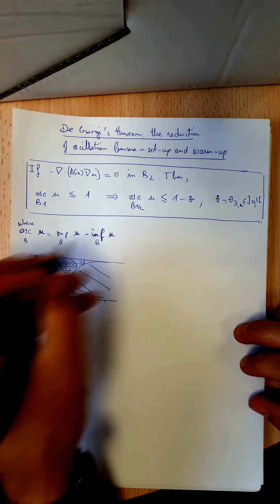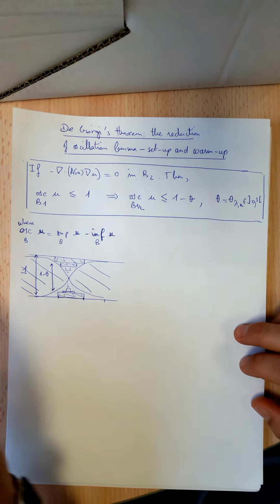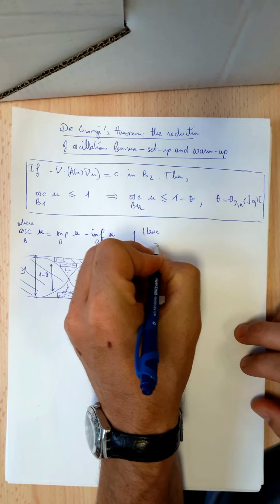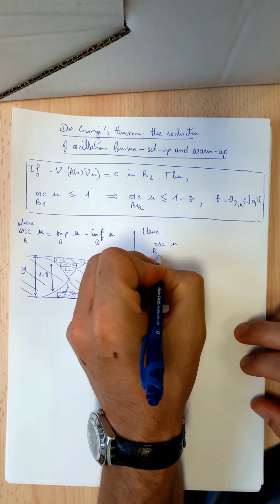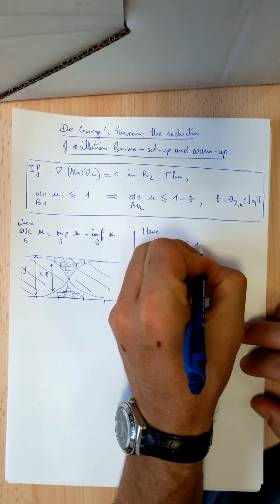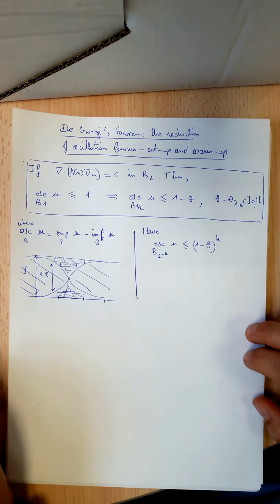So first, by using the scale invariance of the equation, what we can say is that the oscillation of U on a ball of size 2 to the minus k is going to be less than (1 minus theta) to the k, just by induction.